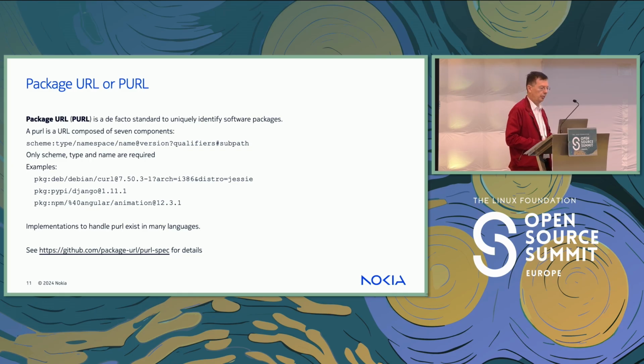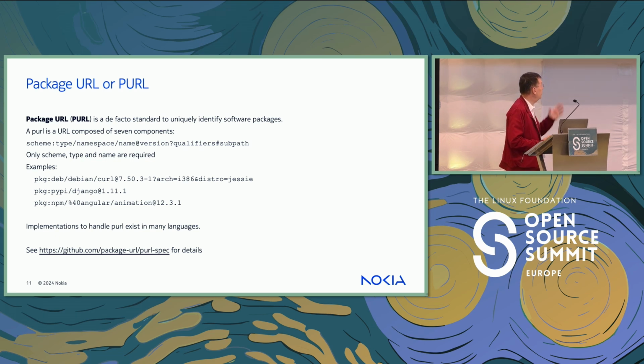At the minimum, you have the package name and the package version separated by the @ sign, but you can also add more attributes, more qualifiers, depending on the degree of precision you want to use.